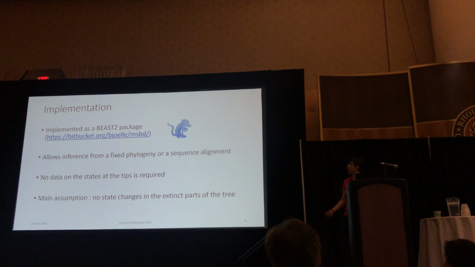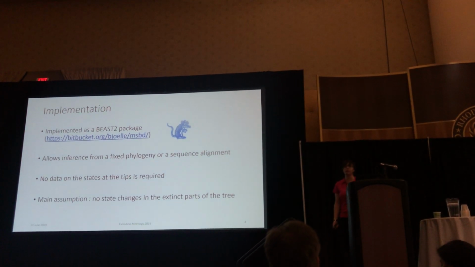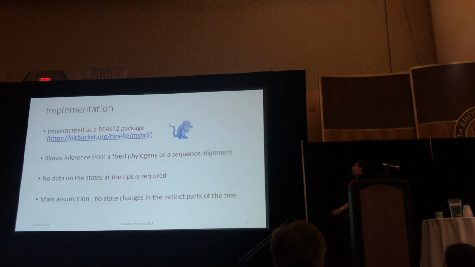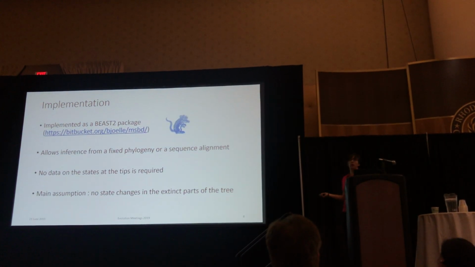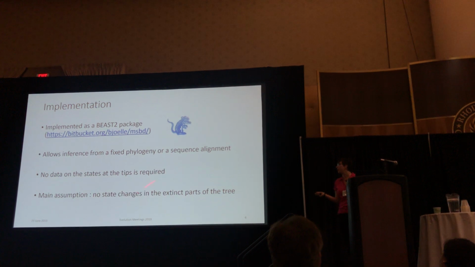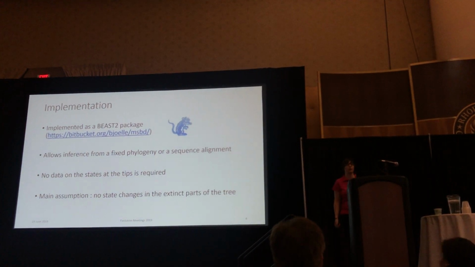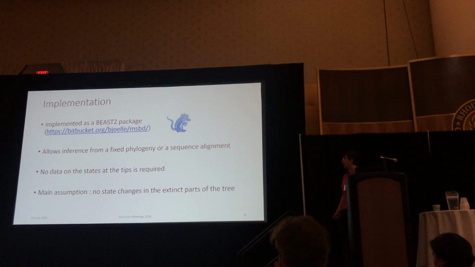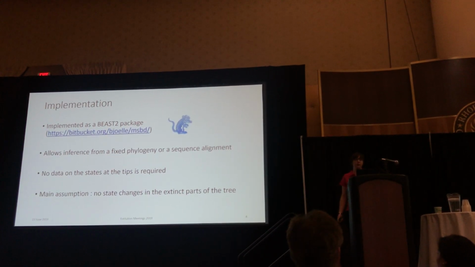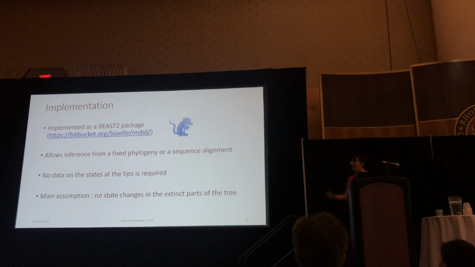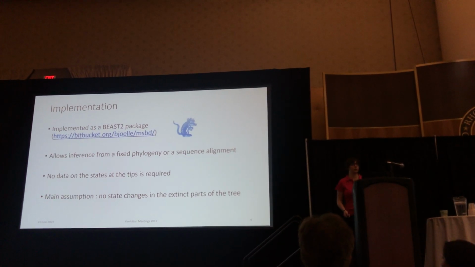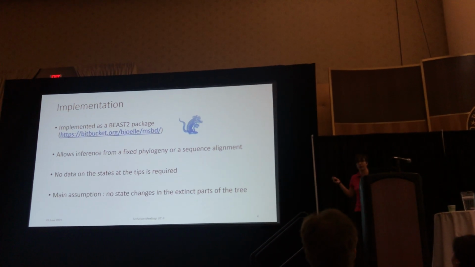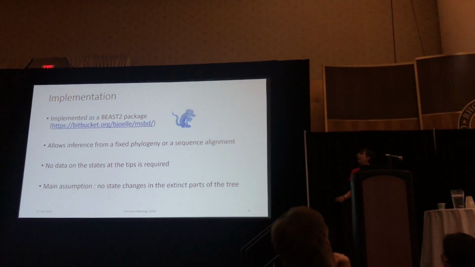As I said, this is the hypothesis-free model, so there is no data on the states at the tips or at the root or anywhere else. One of the main assumptions we make when we calculate the likelihood is that there are no state changes in the extinct parts of the tree. So in the parts that we don't observe, the state doesn't change. This is quite a strong assumption, and I am going to show some testing of that assumption and its effects on the results later in the presentation.